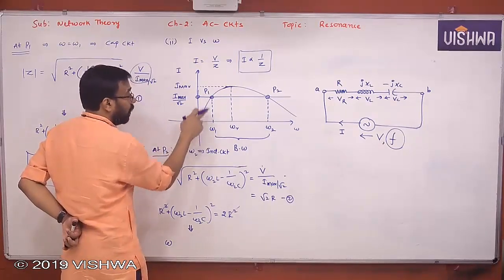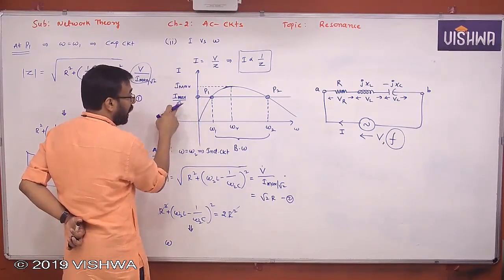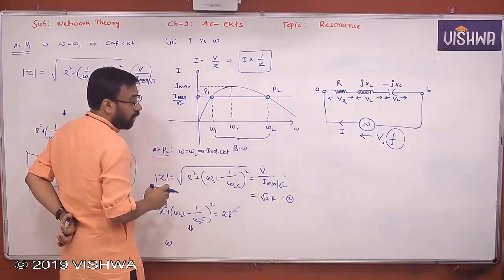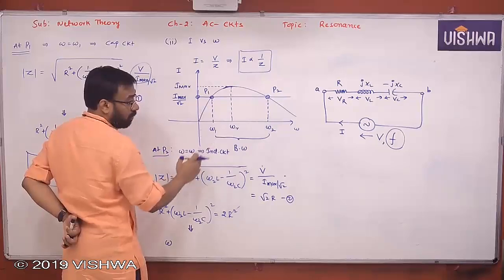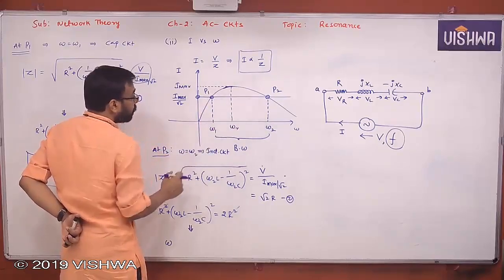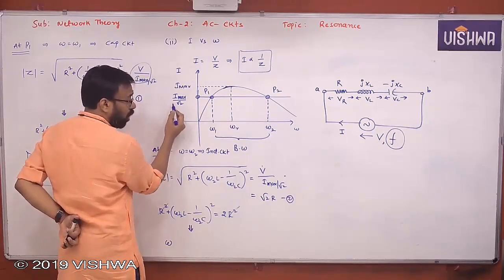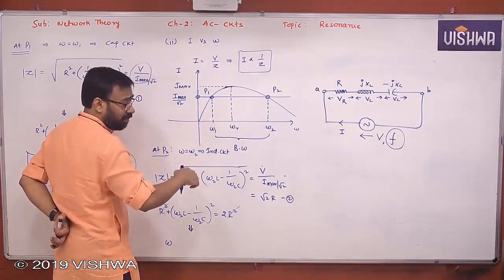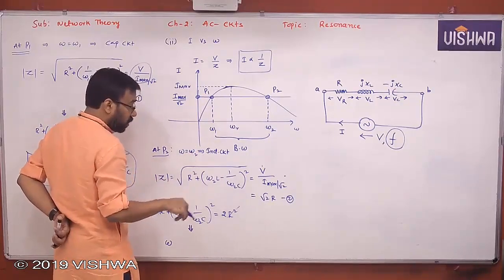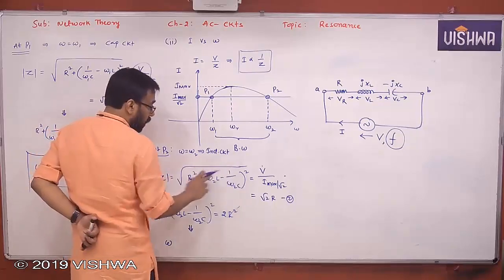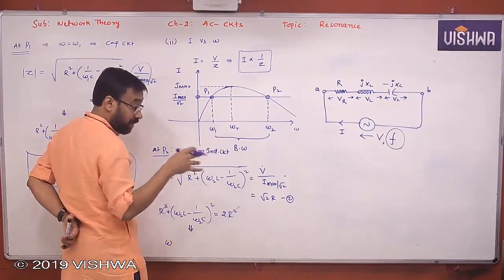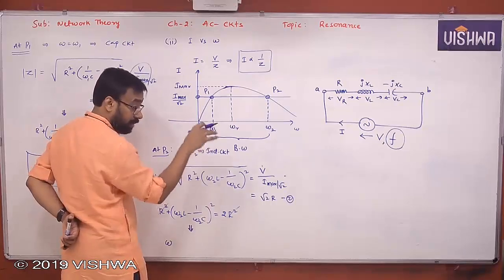Sometimes he will give you, on the current diagram, 0.5 times I max or half of I max at another point, and you have to find that frequency. So how do you do that? Start from root of R square plus ... He will mention whether it is inductor or capacitor, and you will clearly understand that from the data given.